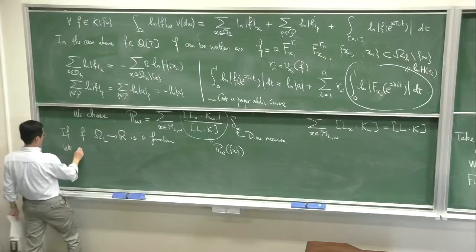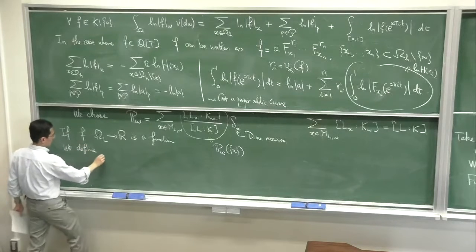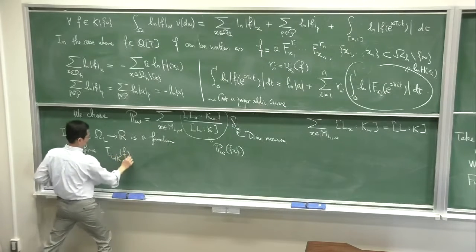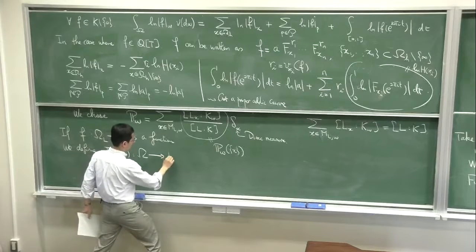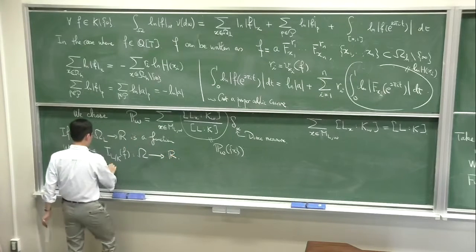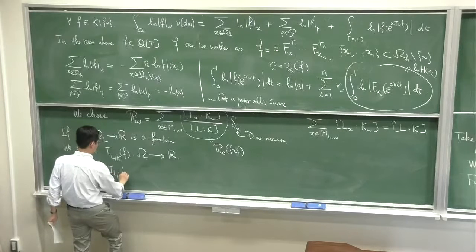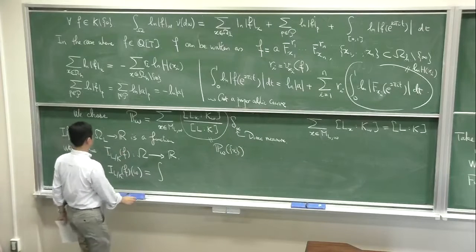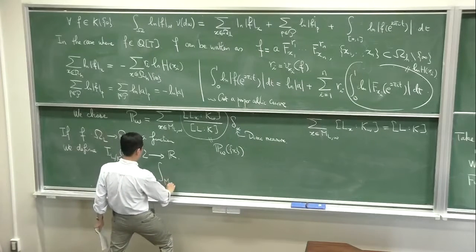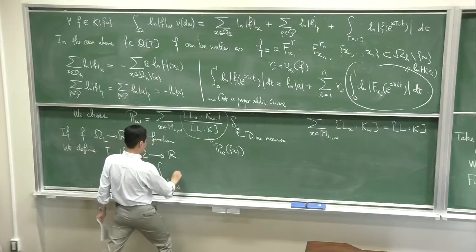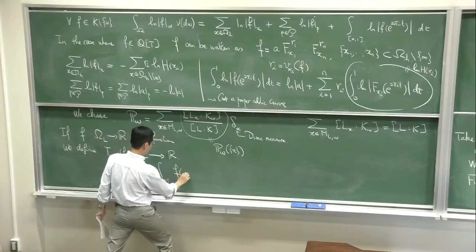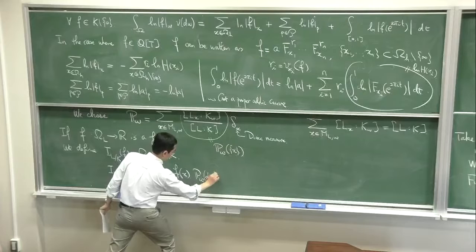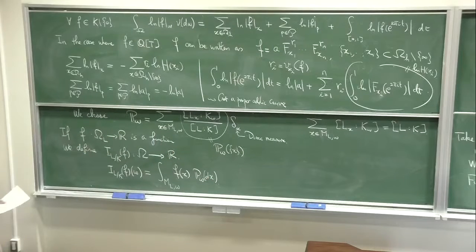So we can define a fiber integral I_{L/K} of f, as a function from omega_L to R. Just I_{L/K}(f), invariant on omega, is the integral of f of x over such space M_L omega with this probability measure.